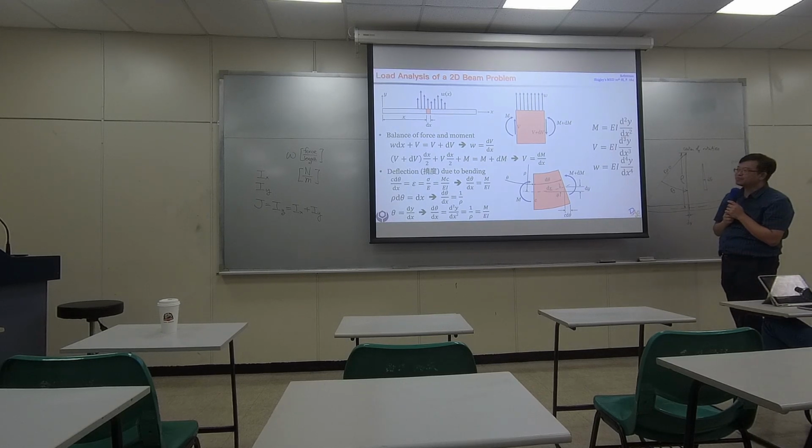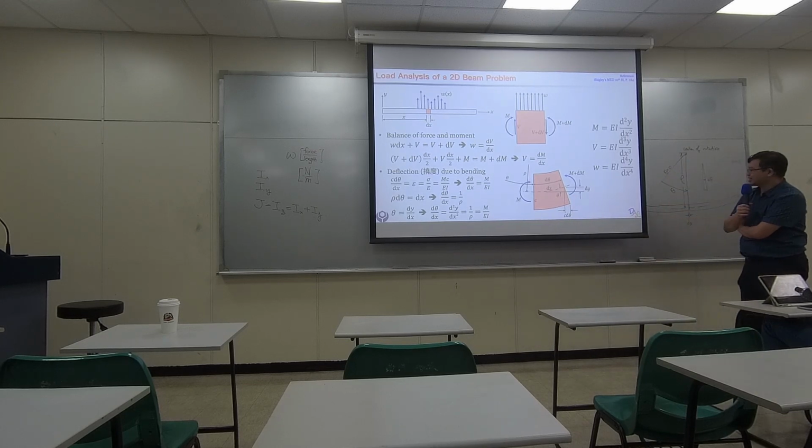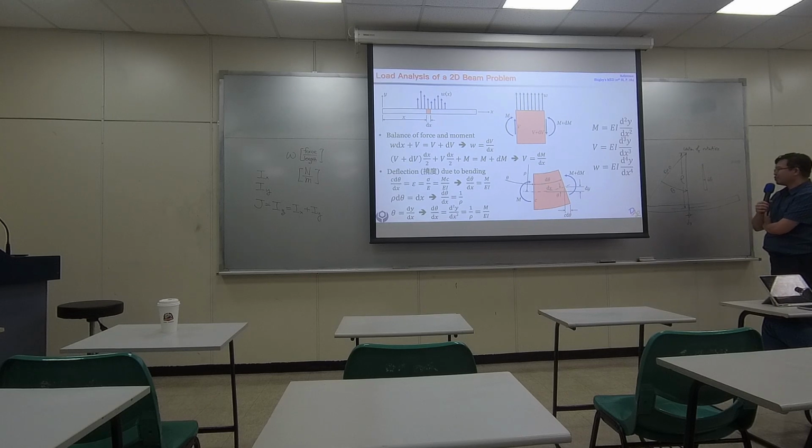But how come this guy is beta as well? Because if you truly bend this beam into a circular shape, okay? Give me some time.